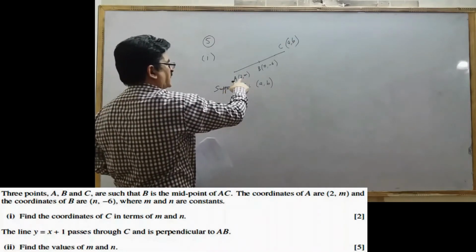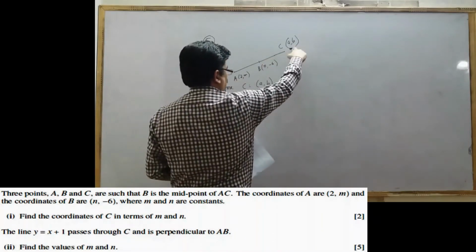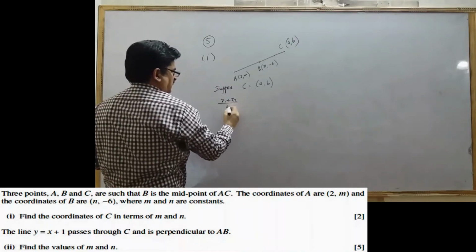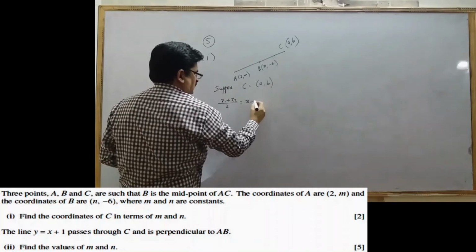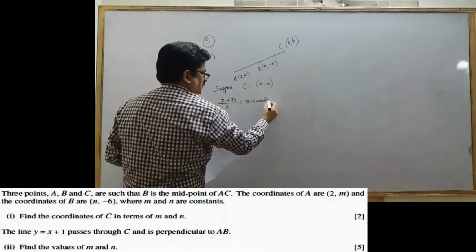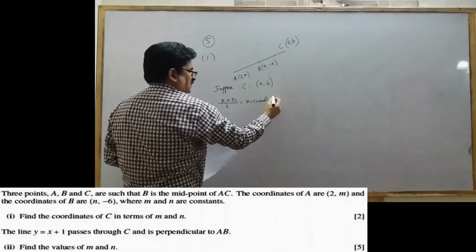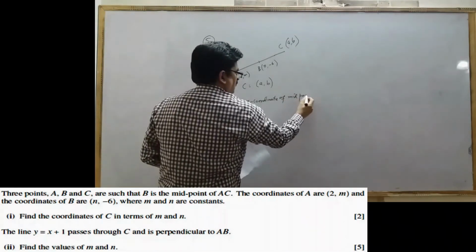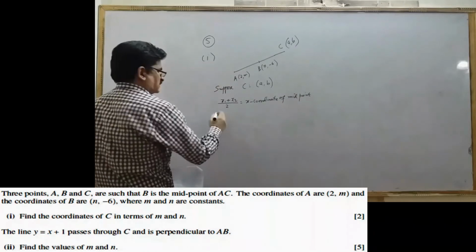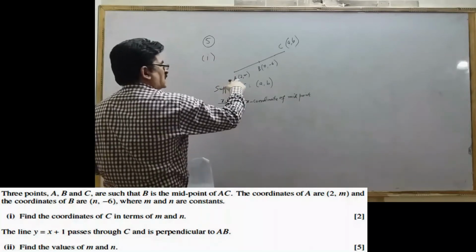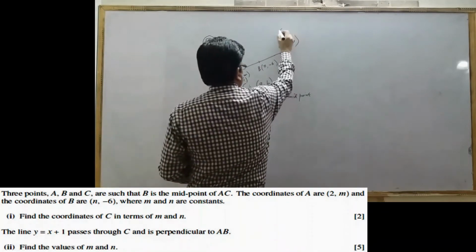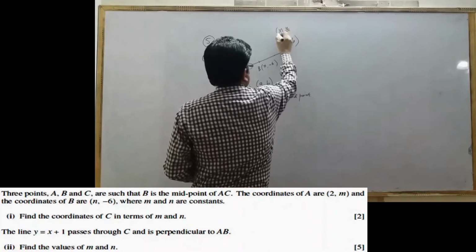Taking this as x1, y1 and this as x2, y2, you know that x1 plus x2 divided by 2 is equal to the x coordinate of the midpoint. So I am taking this as x1, y1 and this as x2, y2.